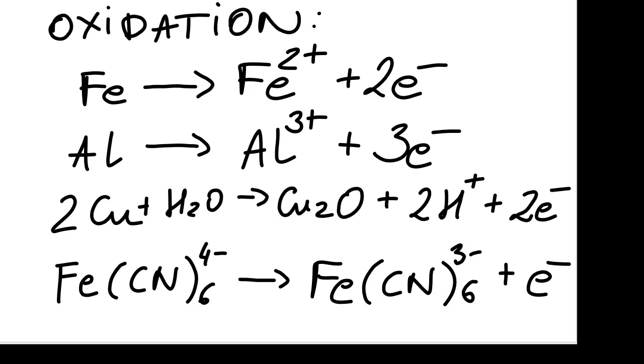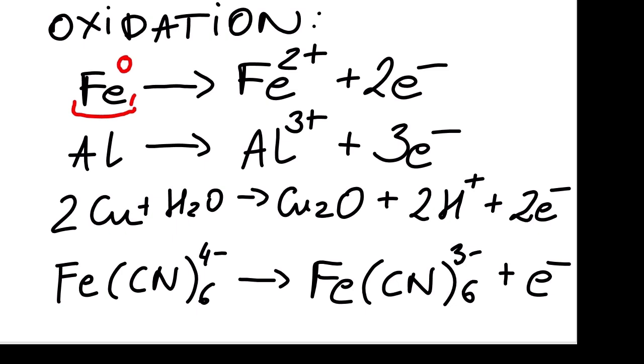Let's see some examples of the oxidation reactions. Here you have the first example. Here you have metallic iron, a metallic iron atom or 1 mole of atoms. The metallic iron oxidation state is of course 0. Iron in this situation, metallic, isn't in any compound.